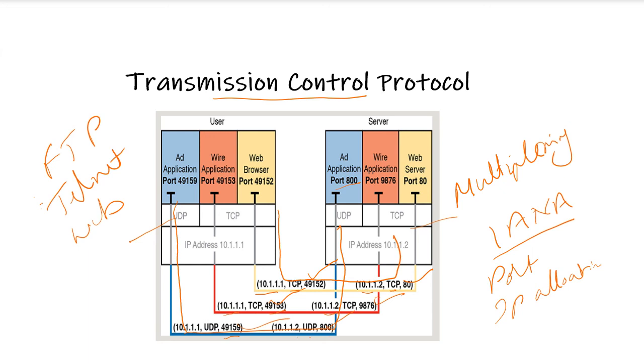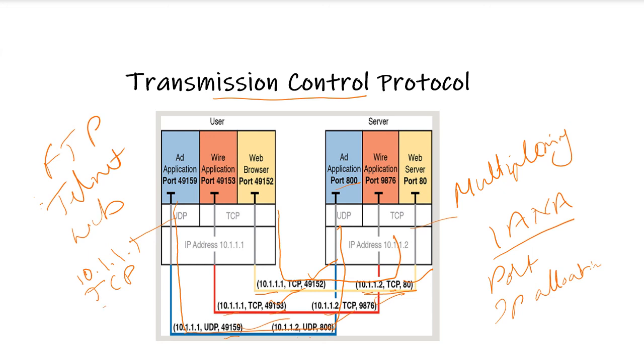So let us say this is port number 80. For example, the same user opens another browser, and in that browser he tries to access the web server running on the server. So the packet source would be 10.1.1.1, the protocol would be TCP, and the source port would be some random port in the dynamic ports list.